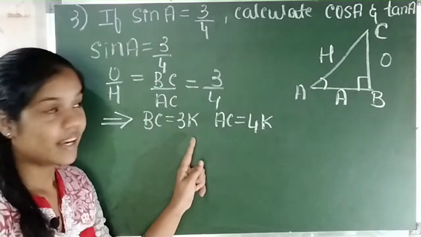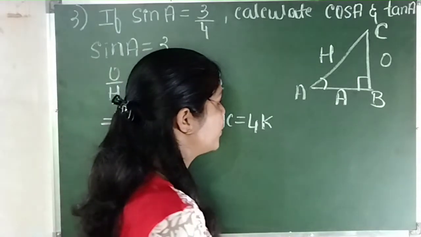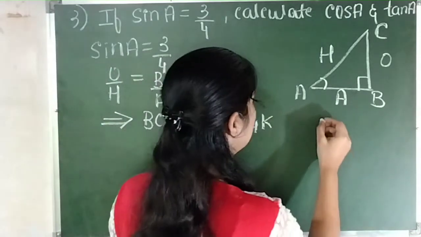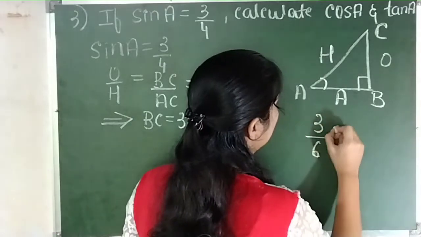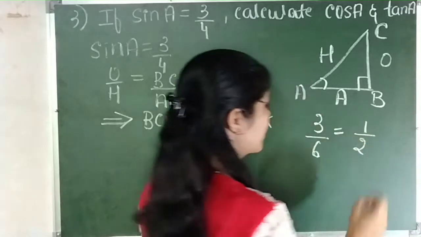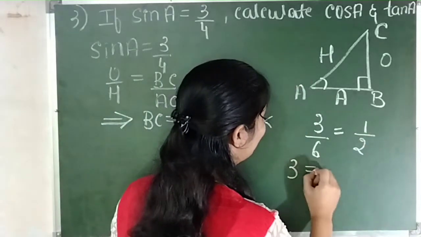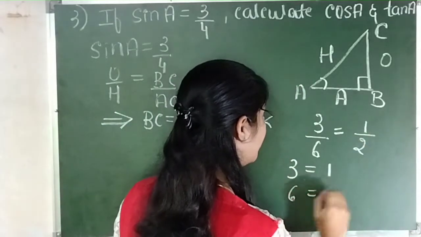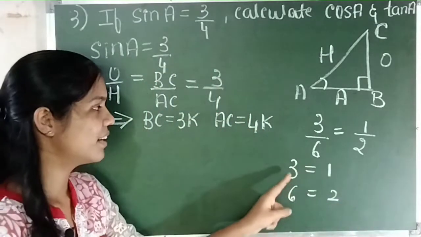Why do we need to use K here? Because, for example, I told in the previous video that if I consider 3 by 6, the value of 3 by 6 is 1 by 2. So does it mean that 3 is equal to 1 and 6 is equal to 2? No, we don't write like this.